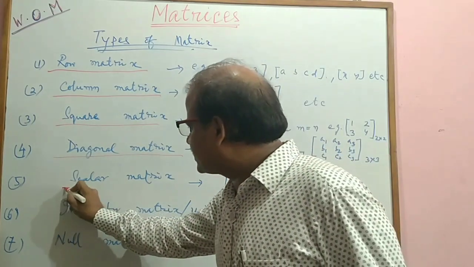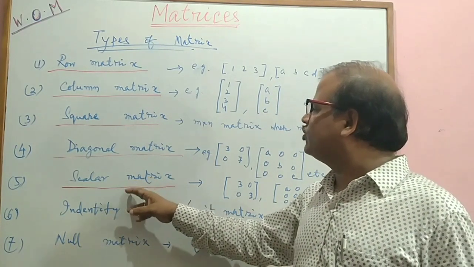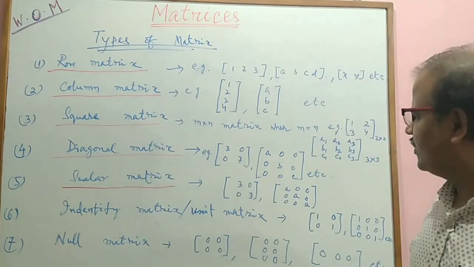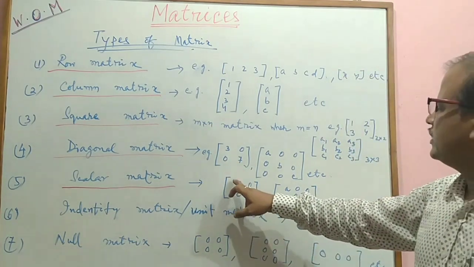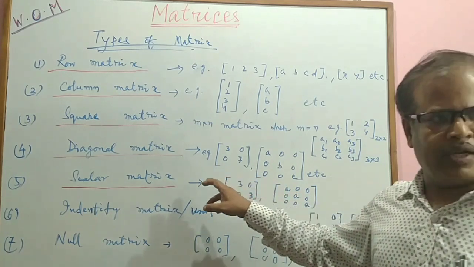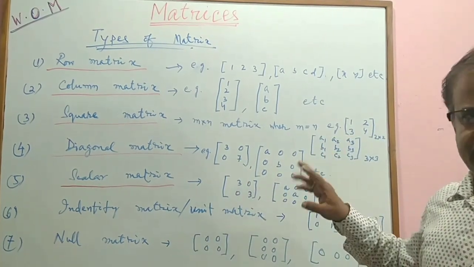The fifth one is the scalar matrix. A scalar matrix is also a diagonal matrix where the diagonal entries are all equal and non-diagonal entries are 0.